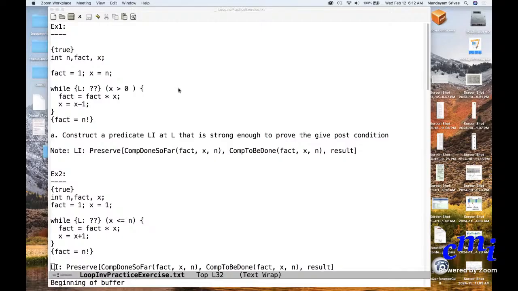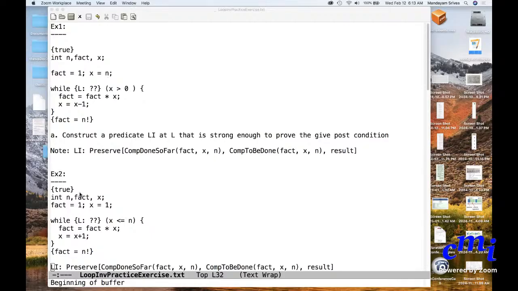Okay, so first let me see. This is the factorial. The first two are factorial examples, which we discussed last time. The first one computes n factorial by setting x to the number for which factorial is meant to be computed, and then counts it down.